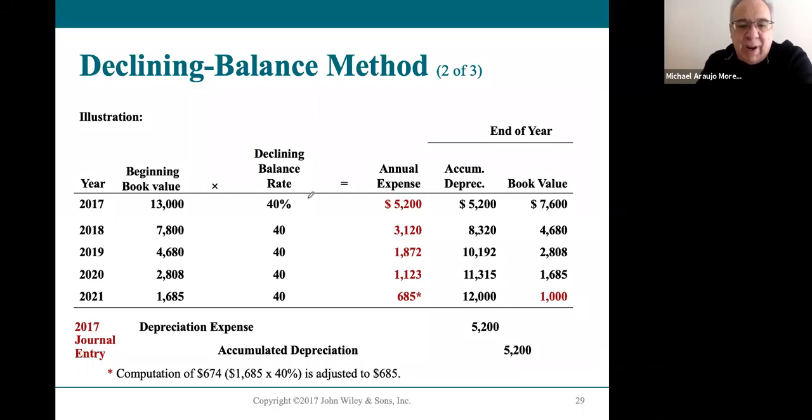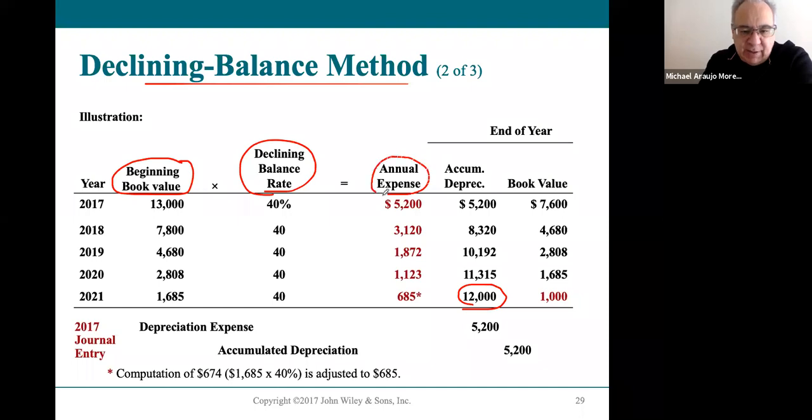So it doesn't matter what the rate is per se, you're still going to only write off the $12,000 in total. So how the declining balance method works is different, because the declining balance method uses the book value every year and multiplies it by double the rate of what we did for straight line to get an annual depreciation expense.